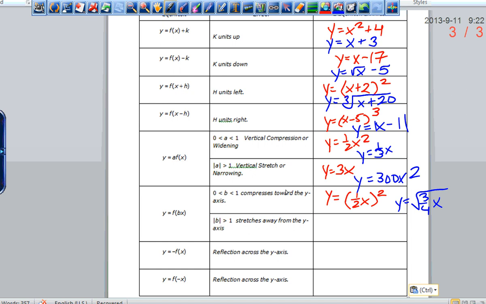All right, switches away from the y-axis. This is another way of saying it gets fatter, it gets squattier, it's stretching away from the y-axis, kind of pulling it apart from the y-axis. We're going to think about it that way. So y equals a number bigger than 1. 2. What parent function are we doing? Cubic?